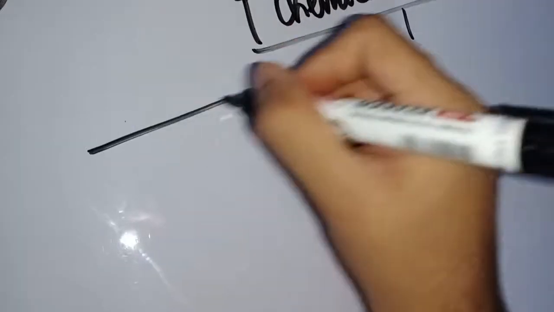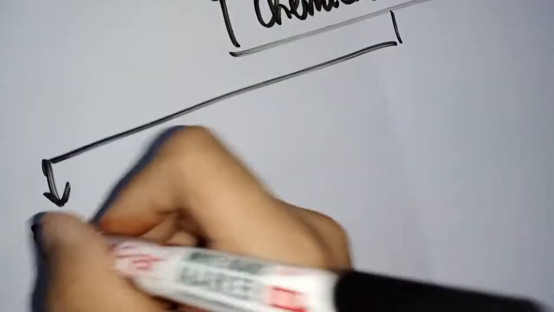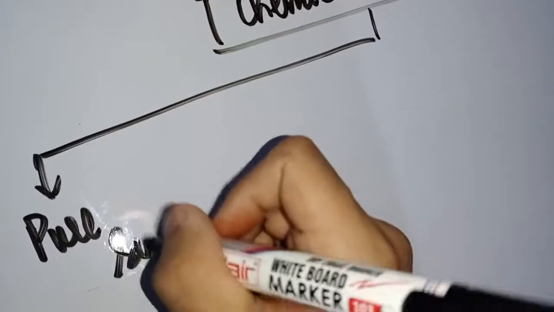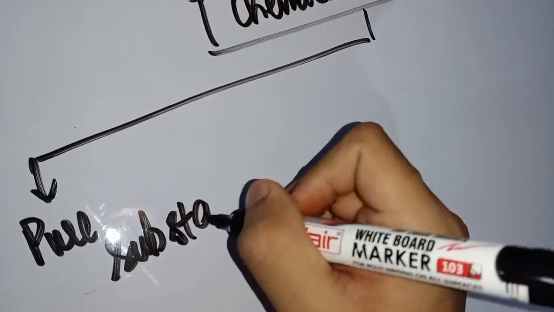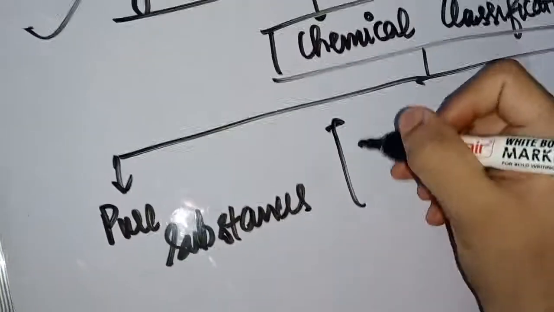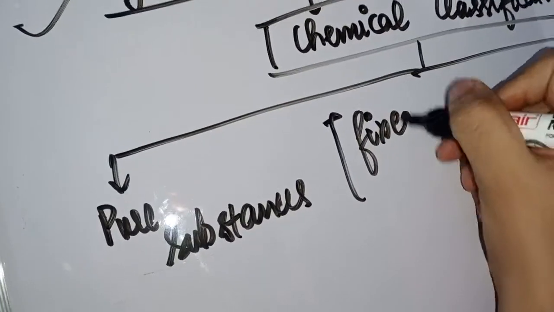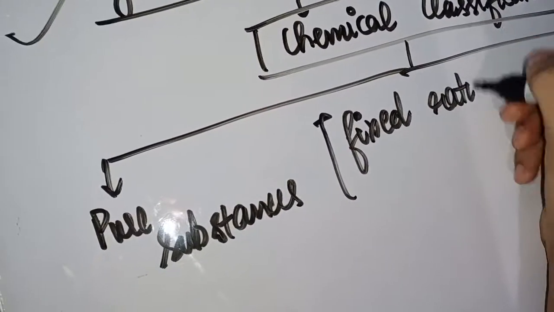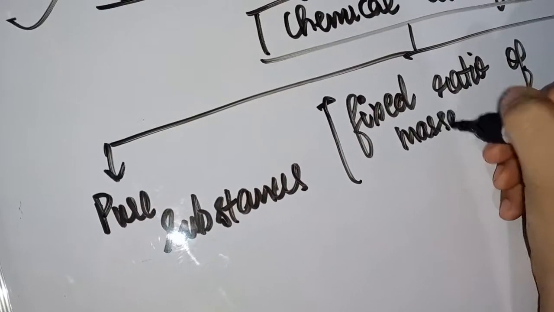Physical classification is over. Now moving on to chemical classification. Chemically, matter can be classified as pure substances or mixtures. Now, pure substances are the ones which have a fixed ratio of masses of constituents.